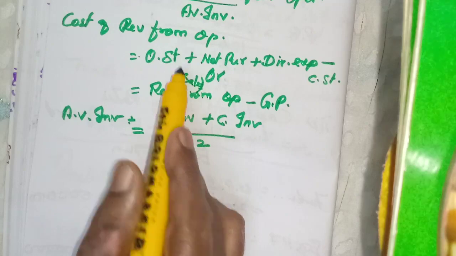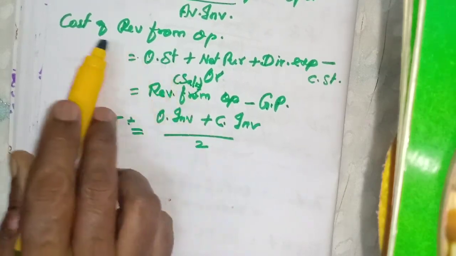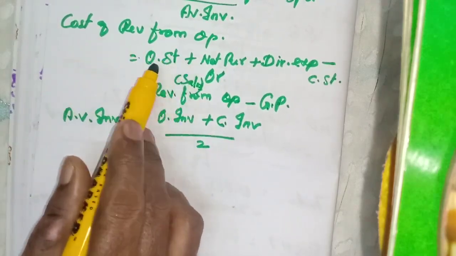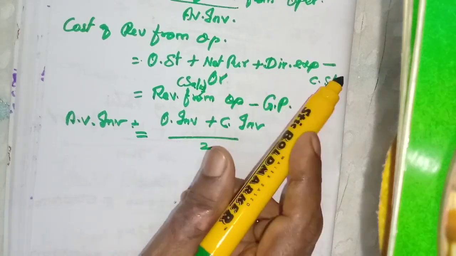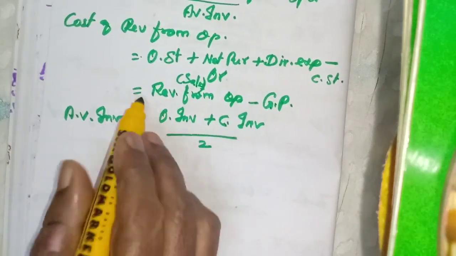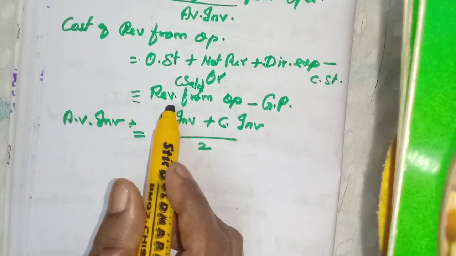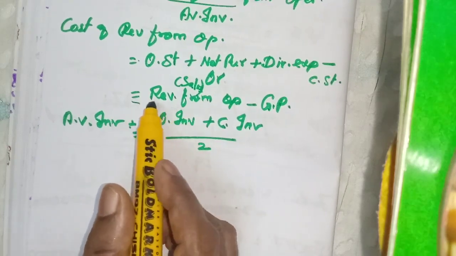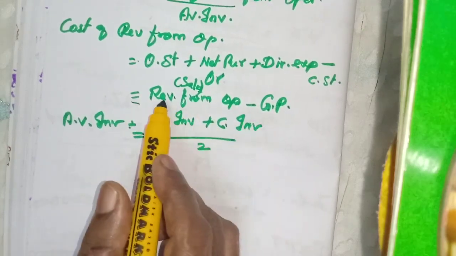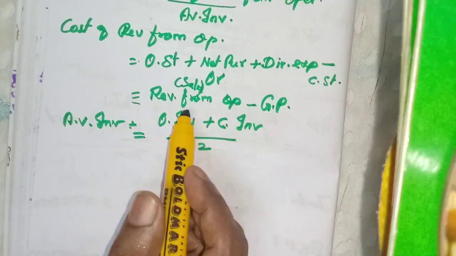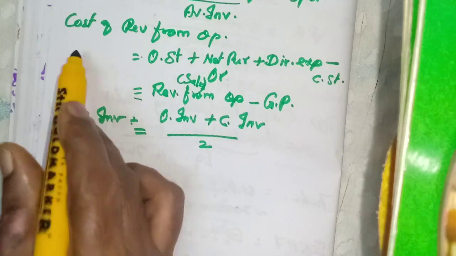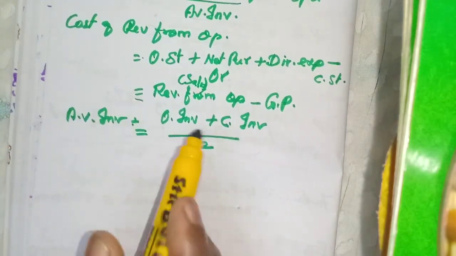This amount and this amount will be same only. That is called cost of revenue from operation. Opening stock, add purchases, add direct expense minus closing stock, that is cost of goods sold, or we can calculate that from the revenue from operation and gross profit. If we deduct the gross profit from revenue from operation, we will get cost of revenue from operation.